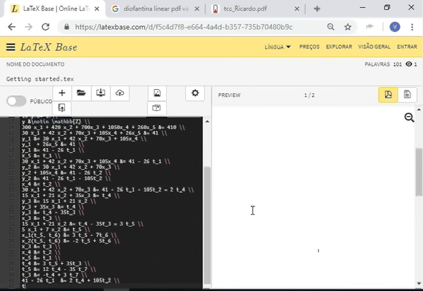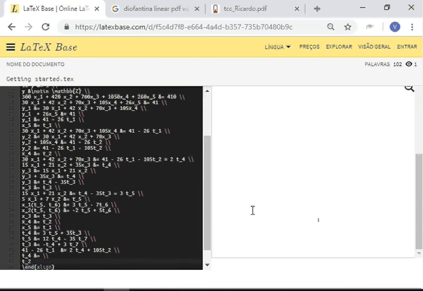T4 equals to something, and T2 equals to another thing.